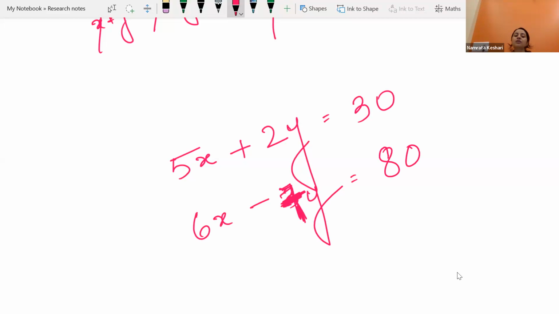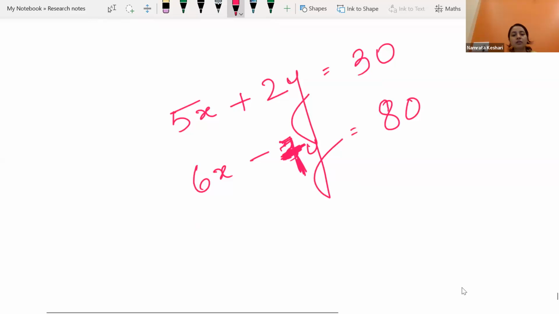Just subtracting will help to eliminate one of the variables. No, it will not be possible by subtraction. We can just add because it's plus 2y and minus 2y. I'm saying we can take plus 2y and minus 7y and then we can add them.